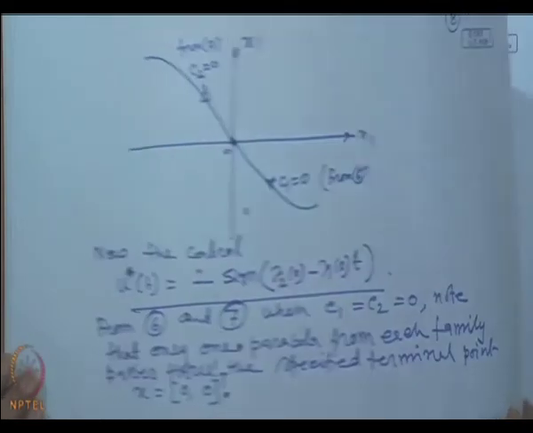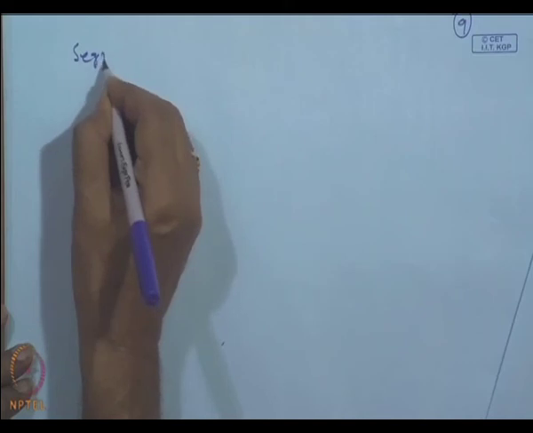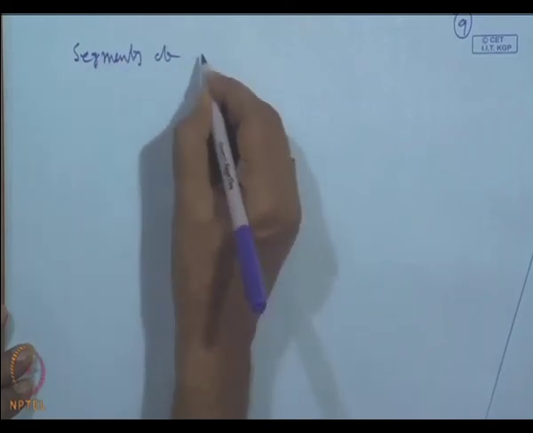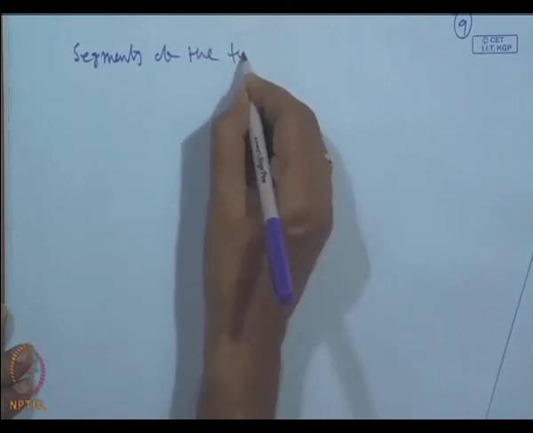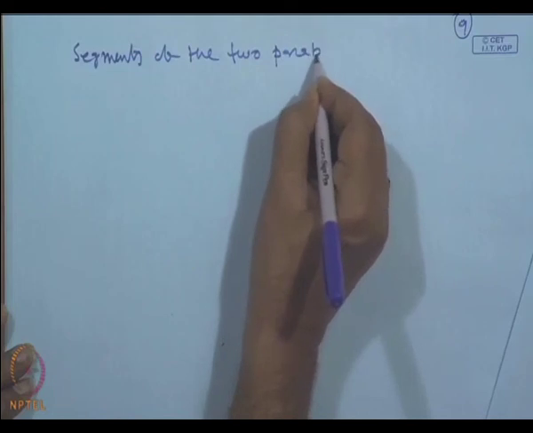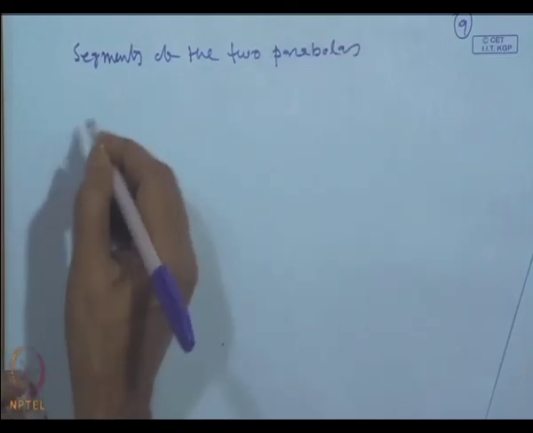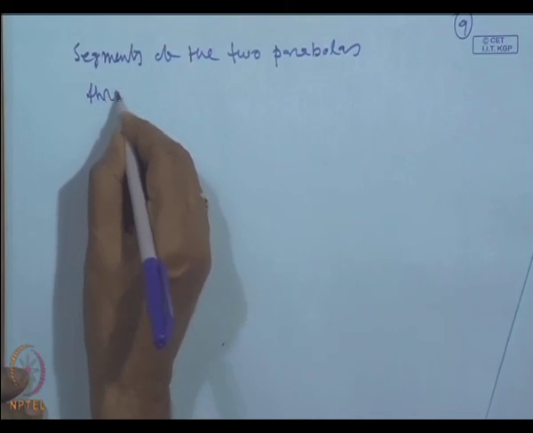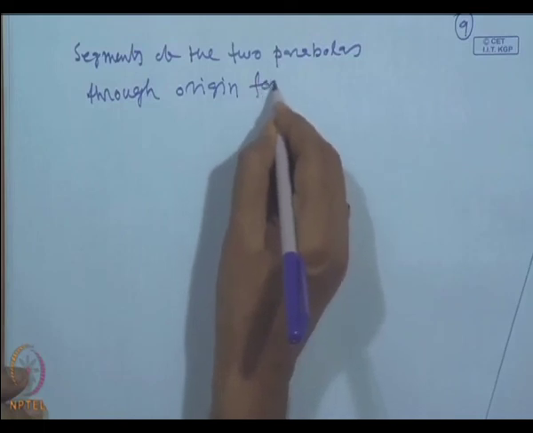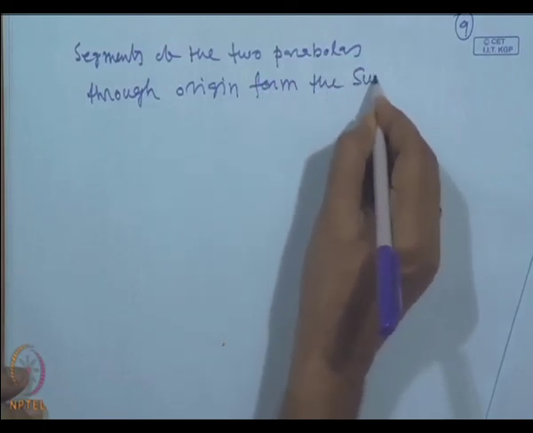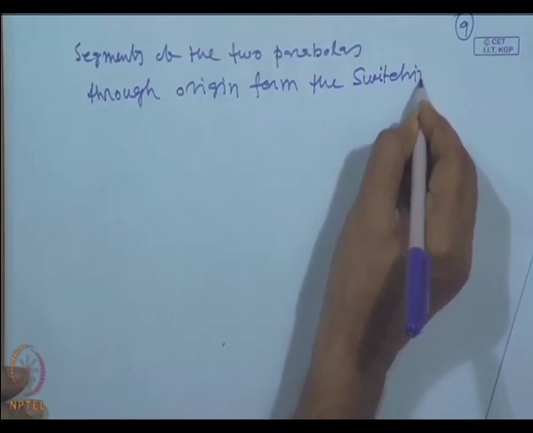So segments of the two parabolas through the origin form the switching curve.